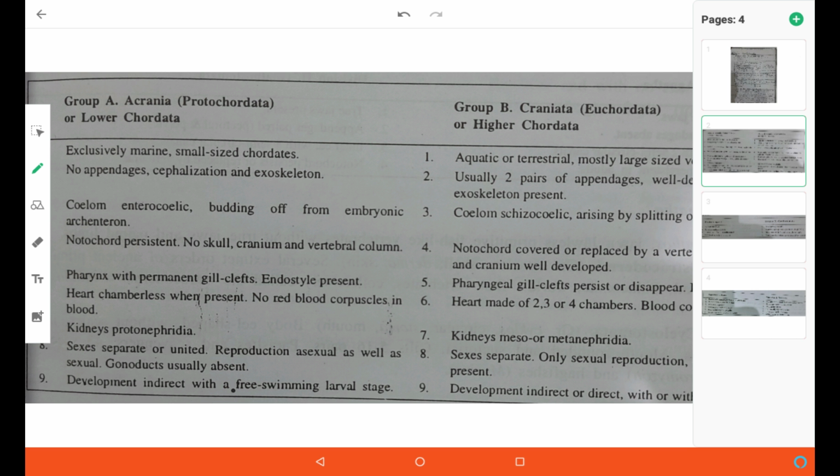The coelom in protochordates was enterocoelic, whereas the coelom in craniates or higher chordates is schizocoelic.